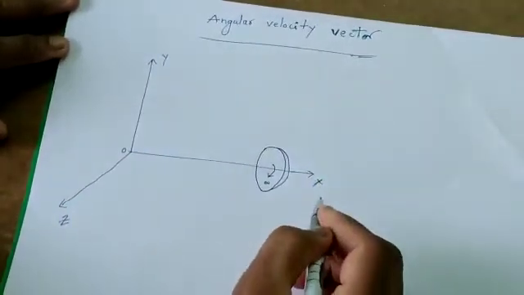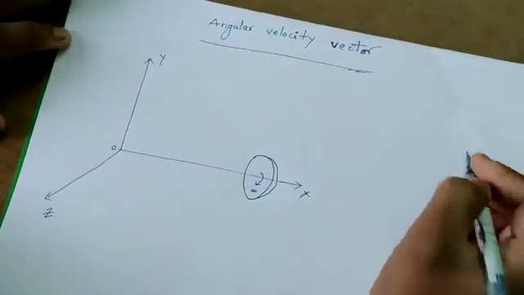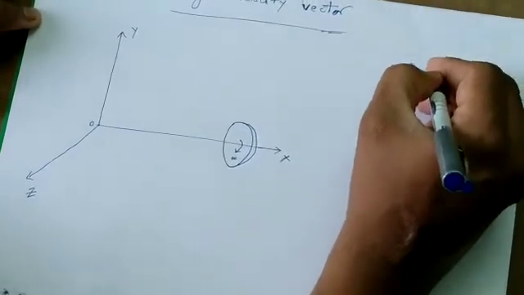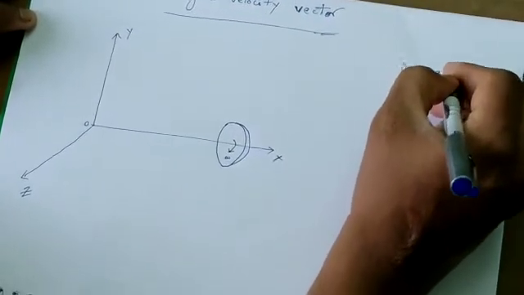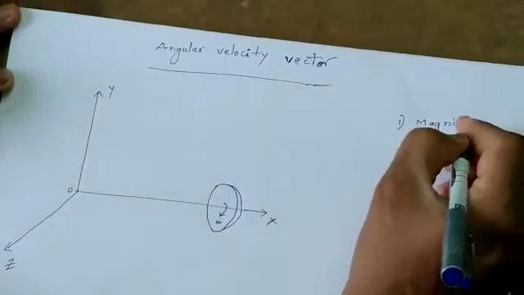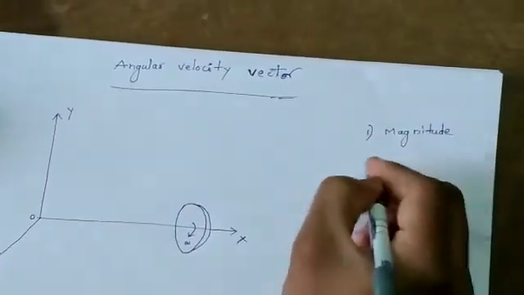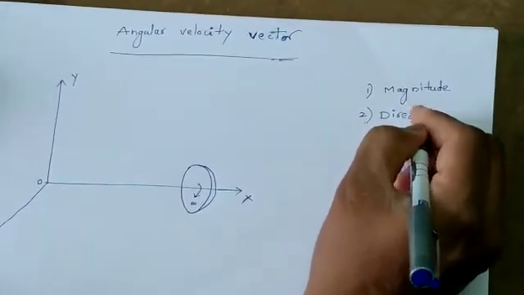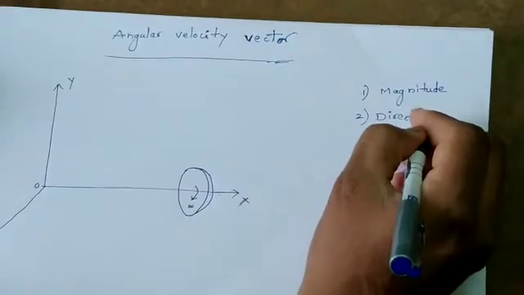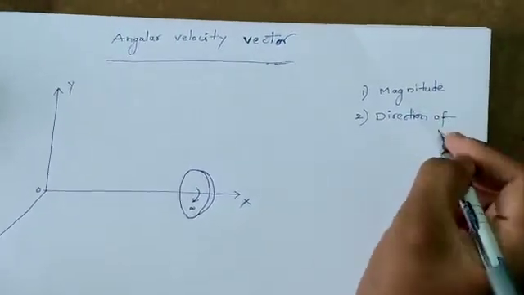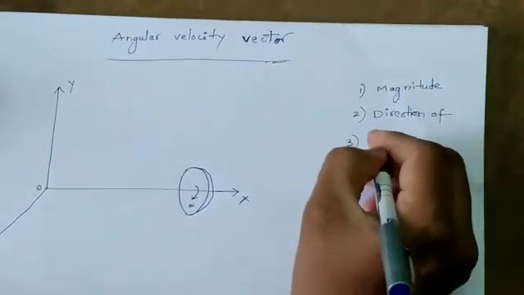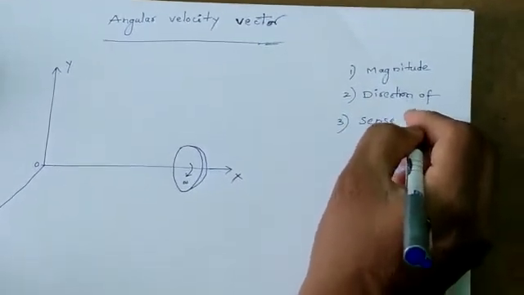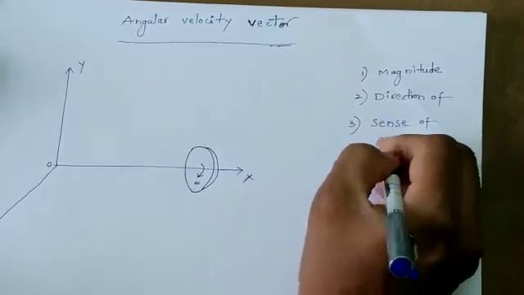Now we need to draw the angular velocity vector for this particular rotor rotating in the clockwise direction with reference to the x-axis. In order to draw the angular velocity vector, three things are required. First one is the magnitude of angular velocity, second one is the direction of angular velocity, and third one is the sense of the angular velocity vector.